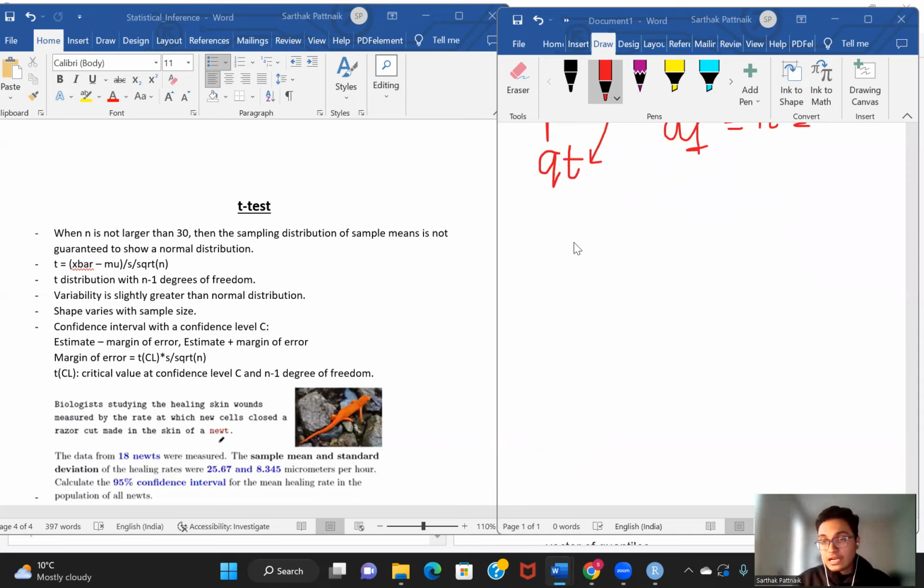So again, we need to calculate the population mean, and we can see that the number of samples are less than 30. So instead of using z-test, we'll be using t-test. So our number of samples n is equal to 18.